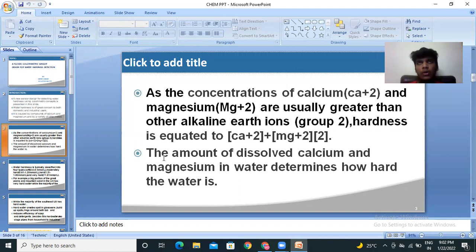For example, if 20 to 30% of the magnesium and calcium is dissolved in water, then that particular amount determines the hardness of the water. The amount of dissolved calcium and magnesium in water determines how hard the water is. Now let's move to the next slide.